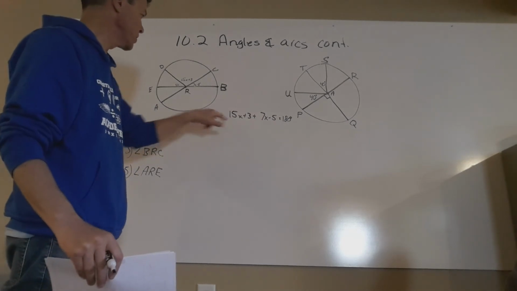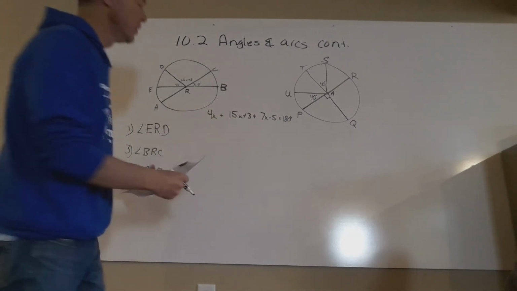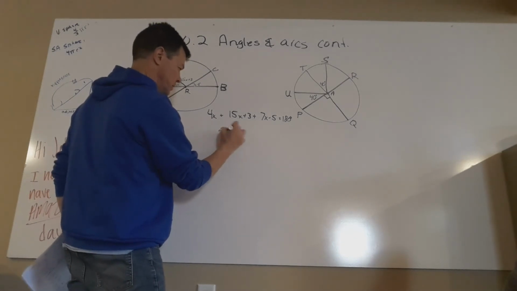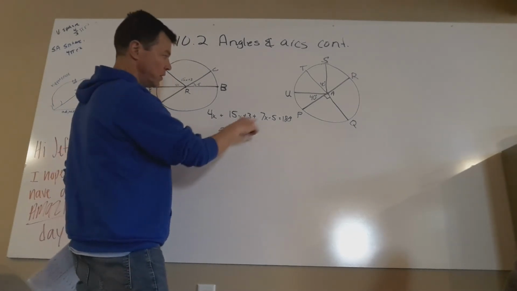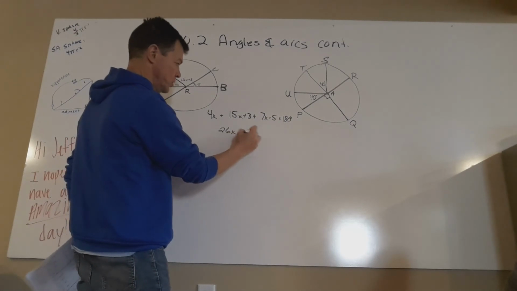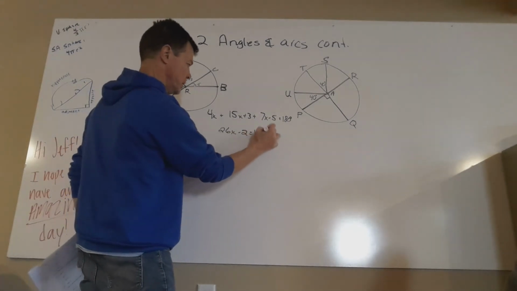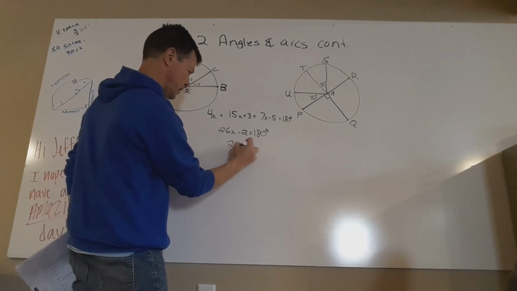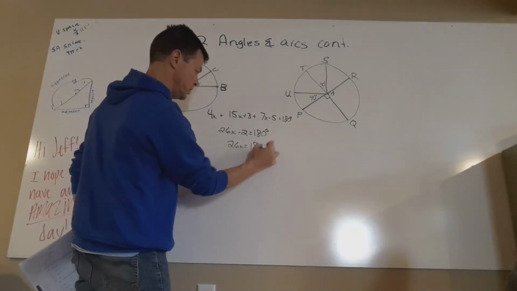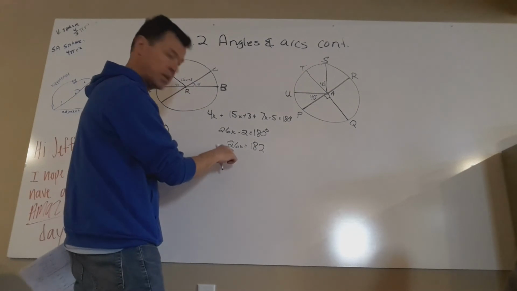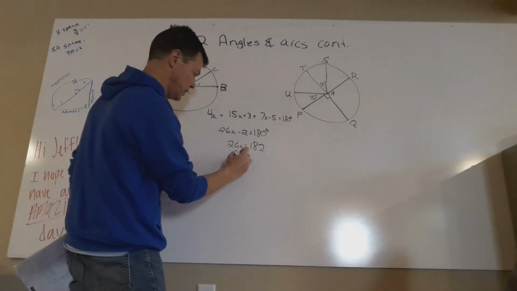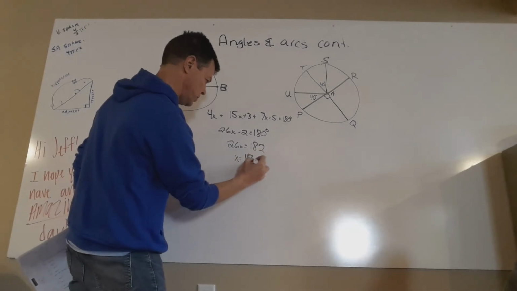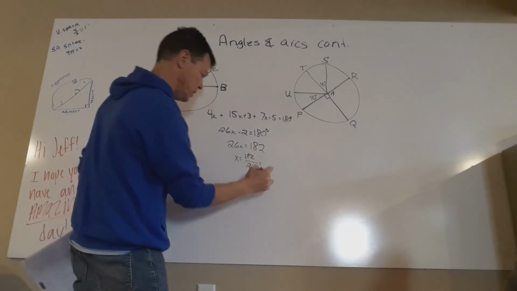That would be 22, add a 4, 26x. Positive 3 and a negative 5 is minus 2, and that equals 180 degrees. Add 2, so 26x equals 182. Divide by 26. So x equals 182 divided by 26.